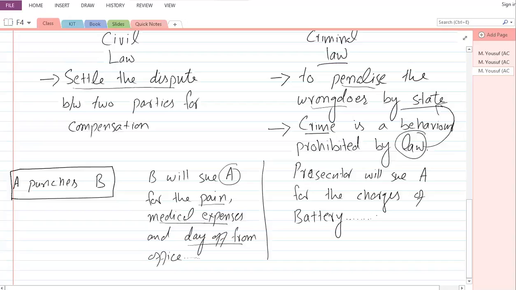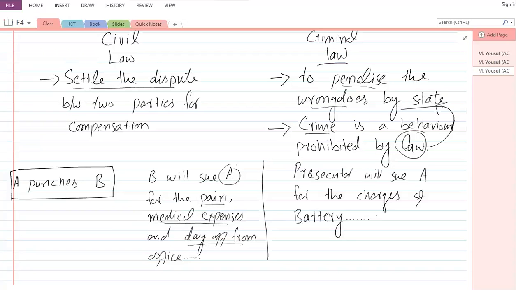So battery is a form of physical injury, when someone hits a person with something causing damage. So the prosecutor will sue A. The prosecutor is a legal representative. The prosecutor will bring the case against A on behalf of the state.